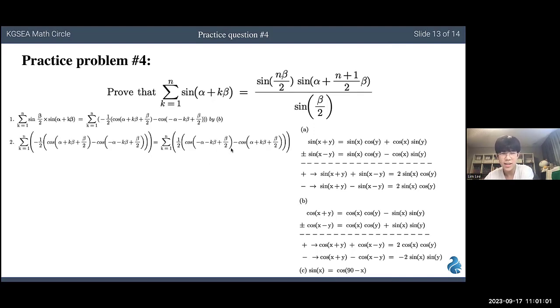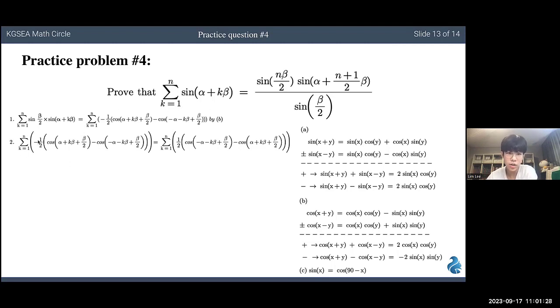After that, again, this is a lot more algebra, but we can manipulate the step 1 equation to get cosine alpha plus k beta plus beta over 2 minus cosine alpha minus k beta plus beta over 2. And this equation is literally just the same equation from here.